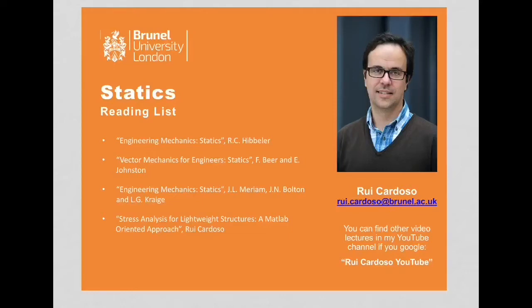So for all the examples you will see in the videos, sometimes I refer to which book I've taken the example from, sometimes I don't, but these are the books that I follow. In case I forget to mention which book I took the example from, you have the list of books here, so you know where they came from.